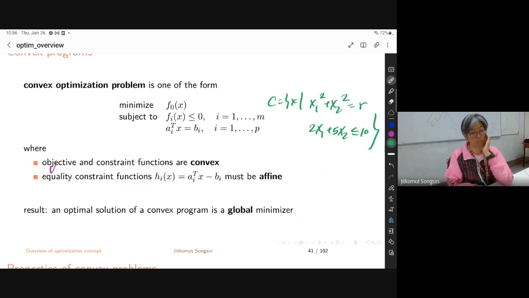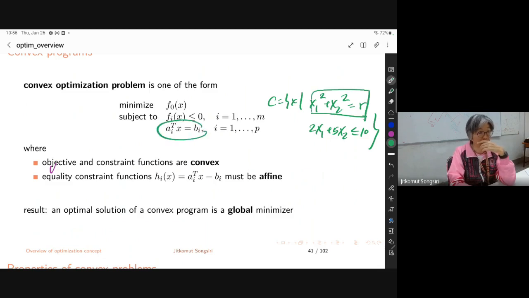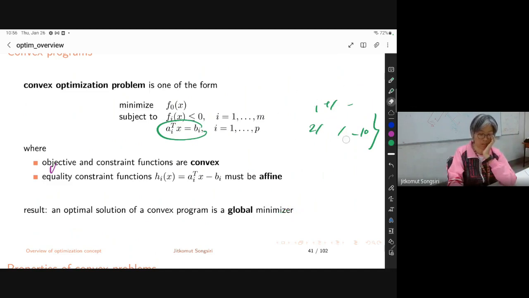Because of which constraint? Because of the equality constraint, right? This equality constraint is not affine. And we all know from the previous example that this is a circle, and a circle is not a convex set.